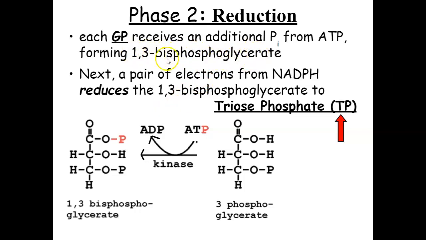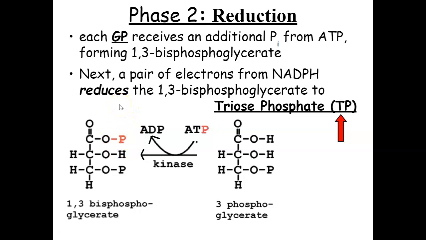You just need to know that there is an intermediate molecule formed here because ATP is spent. So here's our glycerate 3-phosphate, or GP. It's our 3-carbon sugar that we made in the last phase. ATP gets dephosphorylated, and we phosphorylate our GP molecules.